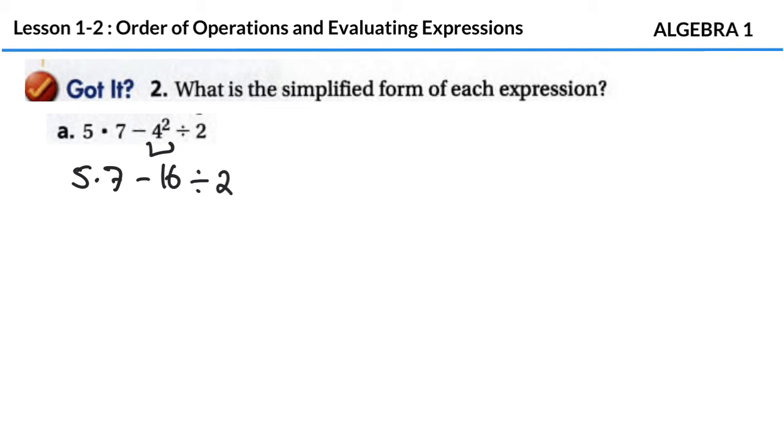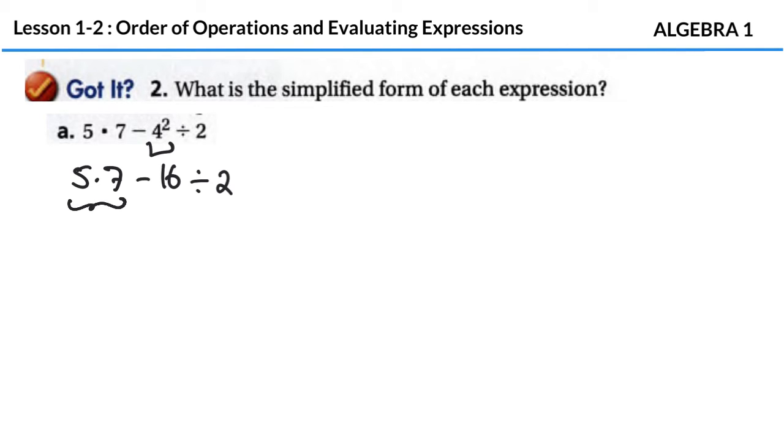Now, which one are you going to perform first? Observe, you have multiplication and division on the same level. So which one will you perform first? You will perform multiplication first, because starting from left to right, we come across multiplication. So 7 times 5 is 35.